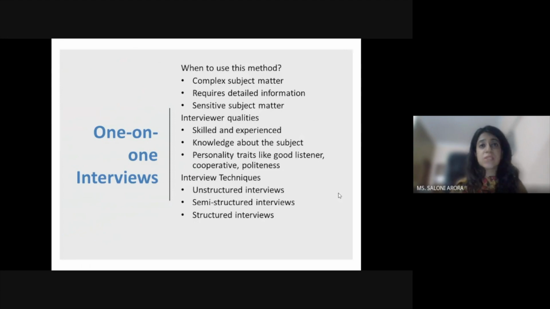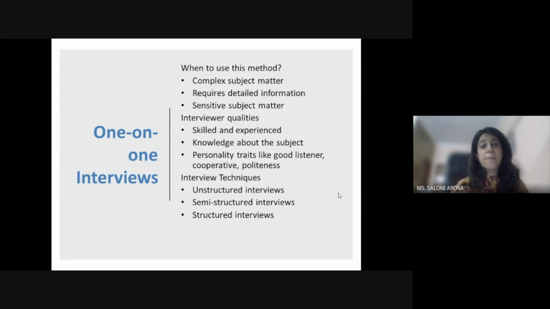So, in order to be successful with the kind of data that you're collecting, the interviewer must be skilled and experienced, must have some expertise in the area of the questions that he or she is going to ask, and should have complete knowledge about the subject. It shouldn't be that one goes and asks the interviewee questions that the person is completely unaware of. So it's very important that you have prior knowledge of the subject.